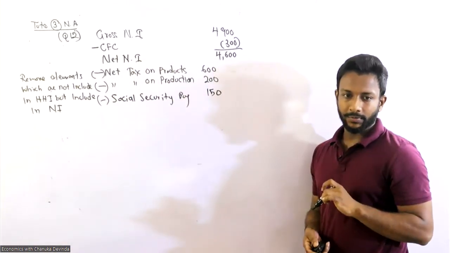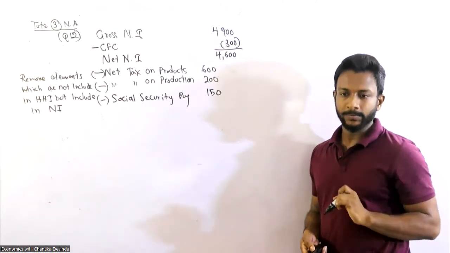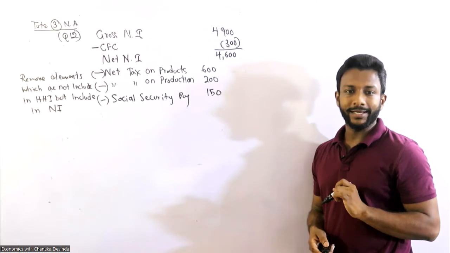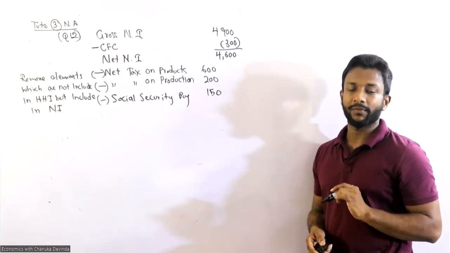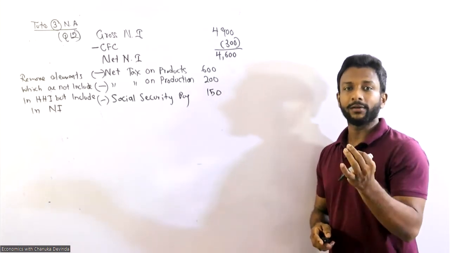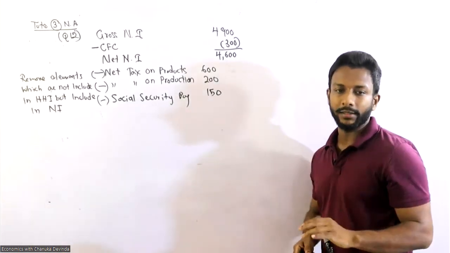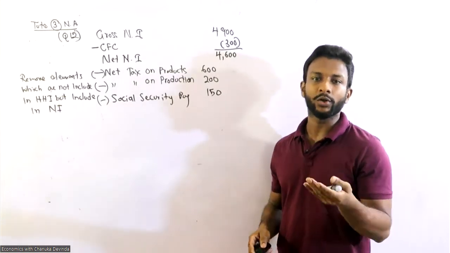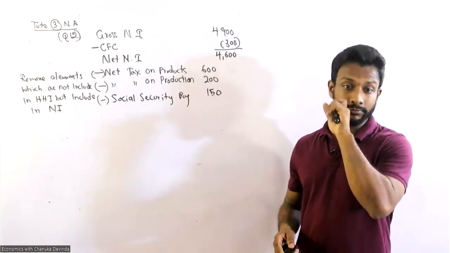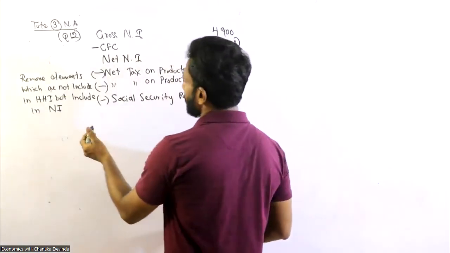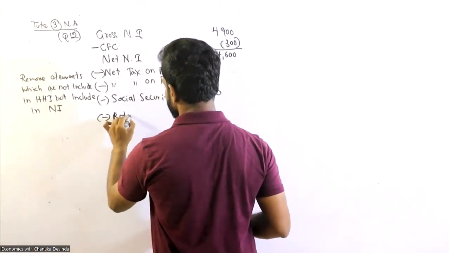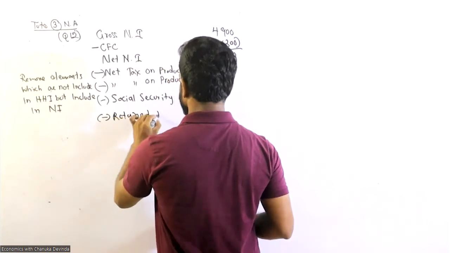Primary income receipt, primary income payment. That's enough. Eh? There was retained profit. Yes, retained profit is not belong. Retained profit and corporate tax both need to be eliminated, but here they have not given corporate tax, so we don't know what is the value. But here retained profit is there. Retained profit retained by the corporates. So minus retained profit.